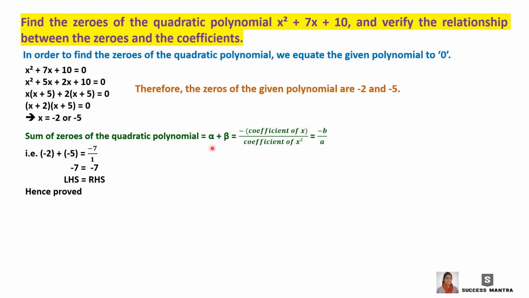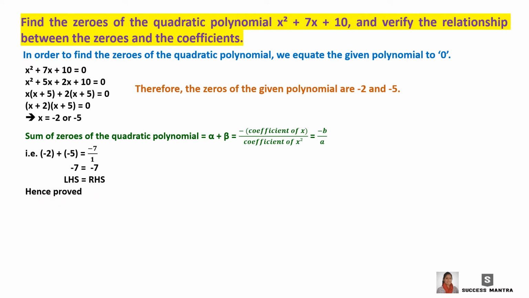So here the two zeros are minus 2 and minus 5. So minus 2 plus minus 5 is equal to minus of coefficient of x. From the question, coefficient of x is 7 and coefficient of x square is 1. So we will write minus 7 by 1. So here minus 7 is equal to minus 7, that is LHS is equal to RHS. So we have proved the sum of zeros relationship.